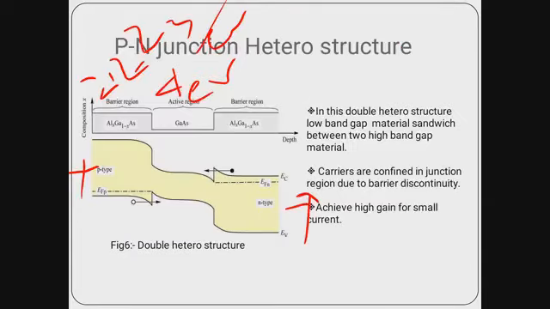So when the discontinuity occurs, the carrier confinement also becomes large. That means after migration of particles from the N side to the lightly doped P side, and from the highly doped P to the lightly doped P side, we are getting a huge amount of charged particles into this bucket in gallium arsenide, the active region.